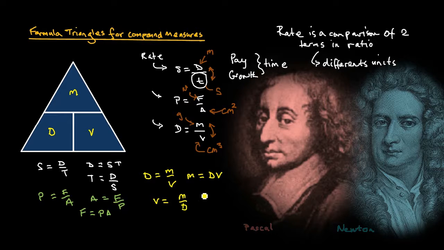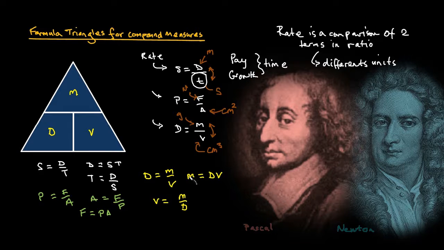So hopefully the formula triangle is a useful device for you to use. Don't forget though to make sure you understand how it works. And you don't necessarily need it, because if you know how to algebraically rearrange equations, in other words, here what we did was we multiplied both sides by v, and that gave us mass equals d times v, and then from here we divided both sides by d, giving us v equals m divided by d.